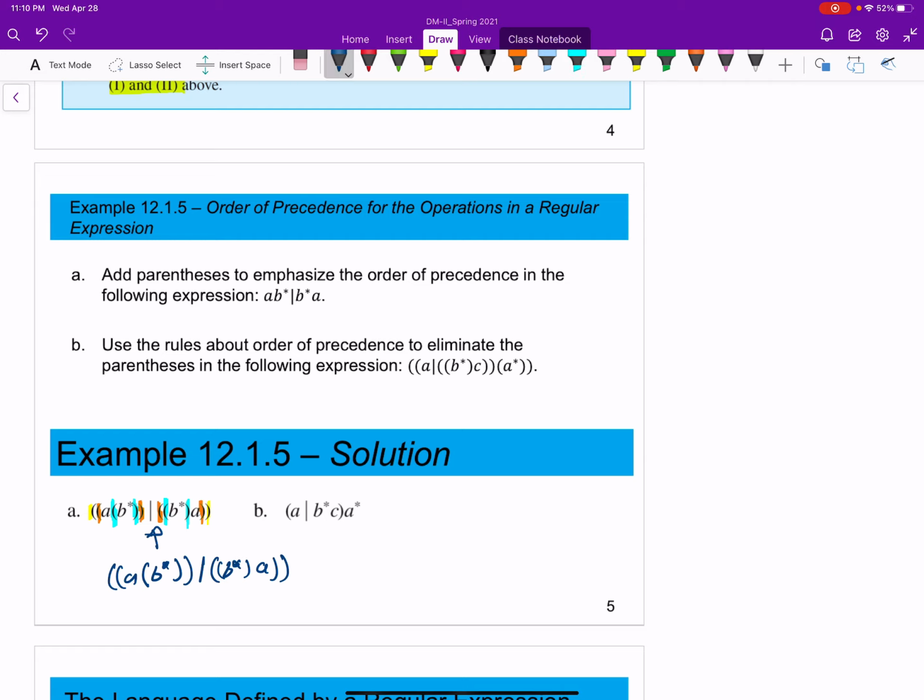In the next case, you have to eliminate the unnecessary parentheses. First of all, you have to understand the order of the parentheses.